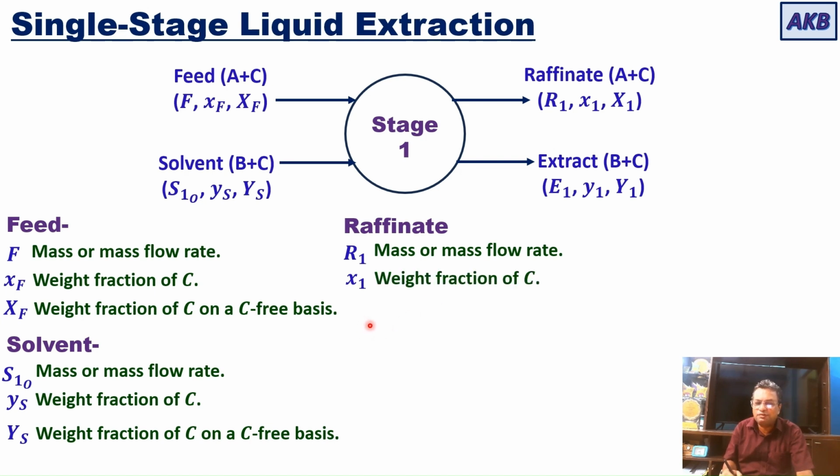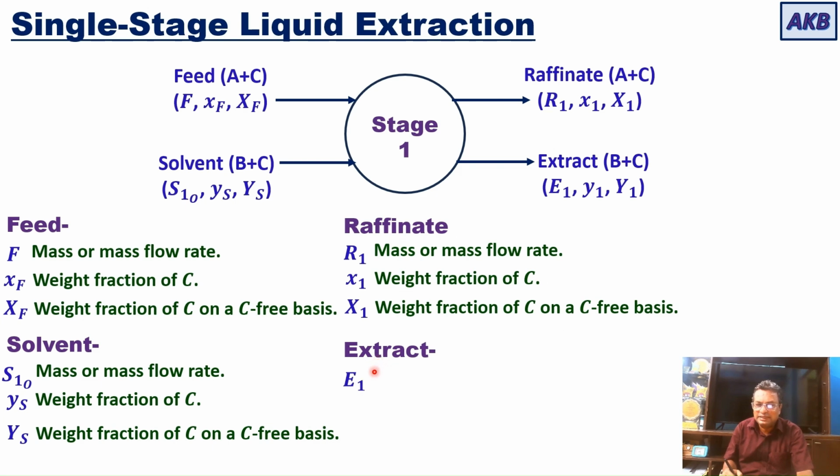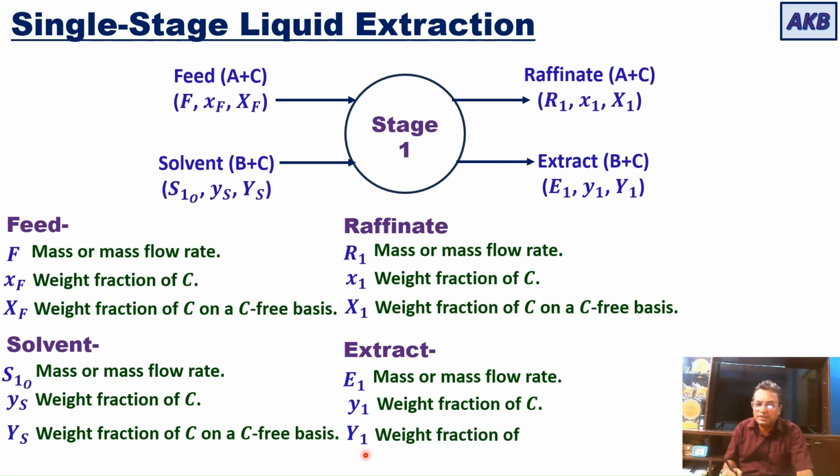Small x1 is the weight fraction of C in it, whereas capital X1 is the weight fraction of C on a C-free basis in the raffinate phase. Then for the extract phase, E1 is its mass or mass flow rate. Small y1 is the weight fraction of C in the extract phase. Capital Y1 is the weight fraction of C on a C-free basis in the extract phase.